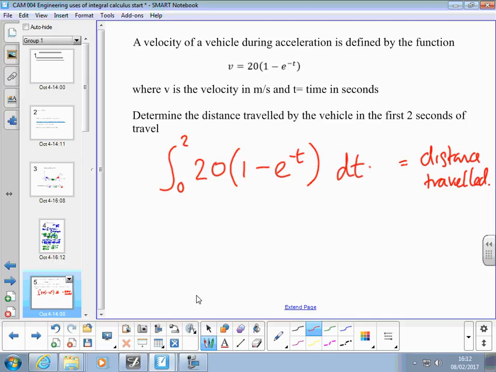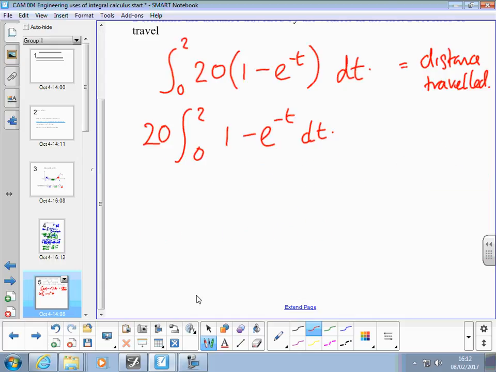What can we do at 20? Yeah. So it's going to be 20 times the definite integral. So what does 1 turn into?